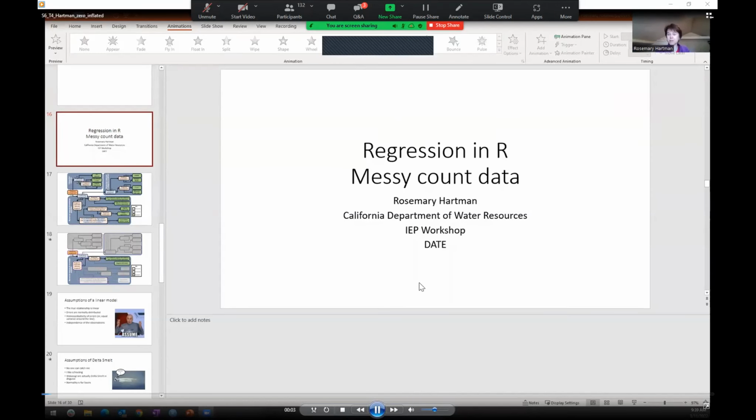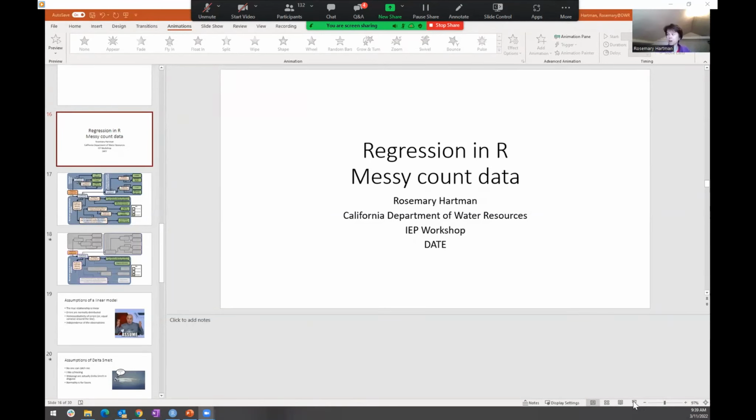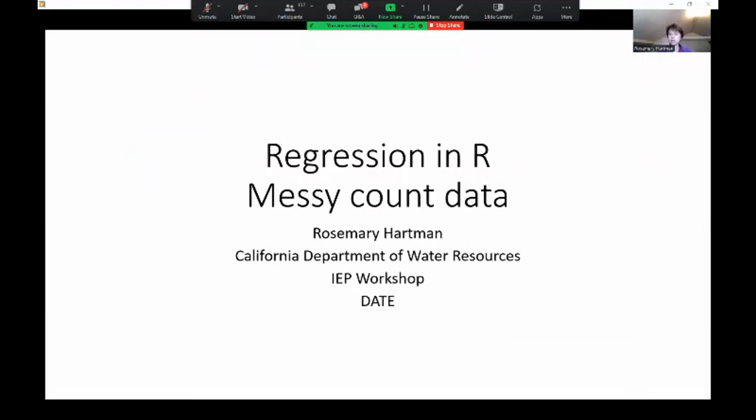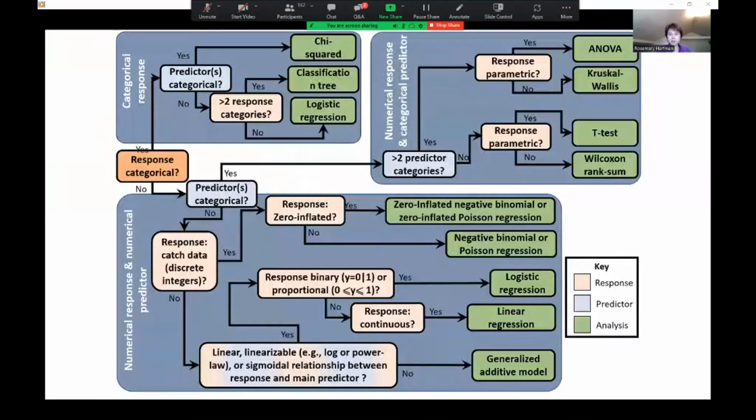All right, everyone. Welcome to the second part of our fun day with count data. Now, if we go to our flow chart, our last presentation talked about negative binomial and Poisson regressions.